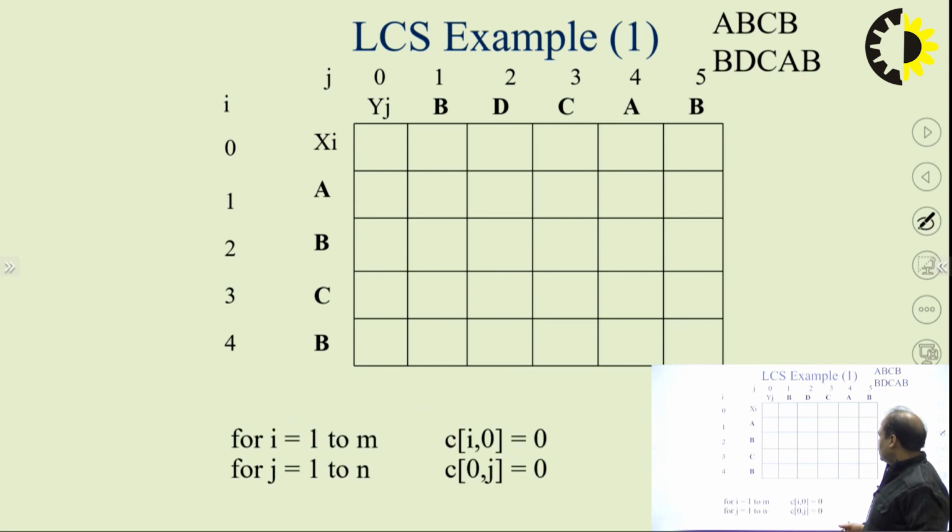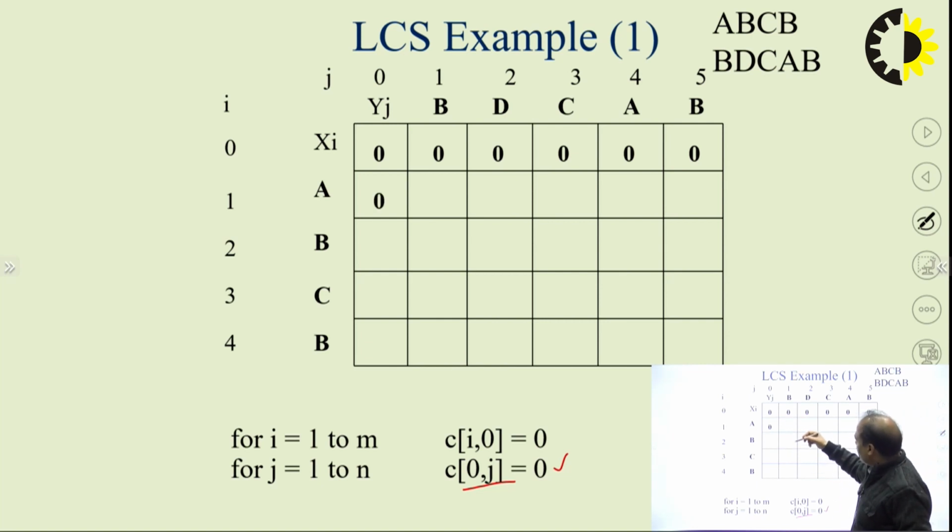So first step, make this row 0 and this column 0, because C[0,j] for j from 1 to n will be all 0. First do this, all 0, and then for all rows make the 0th column 0, because there is no matching of the subsequences.